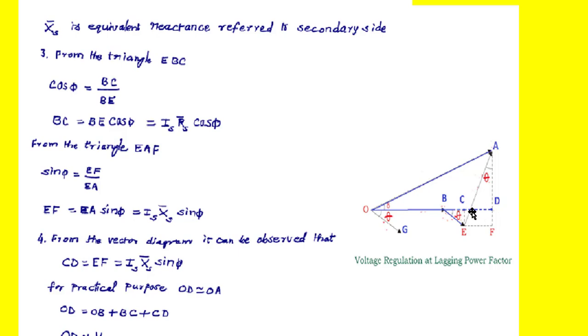So that is the in-phase component of, I mean, the resistance voltage drop. So having known this BC and CD, which is also equal to EF, further we can write like this.